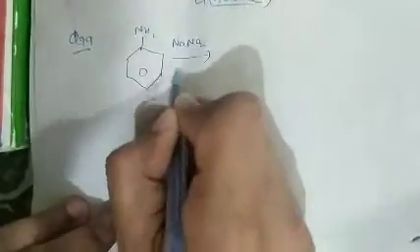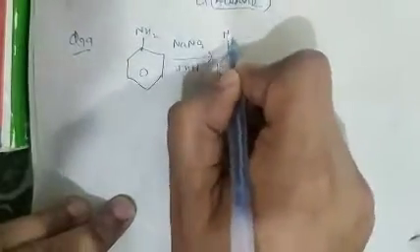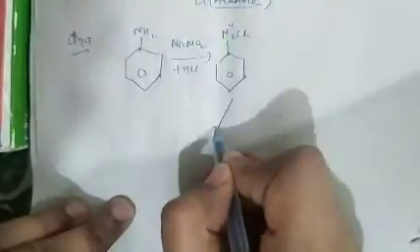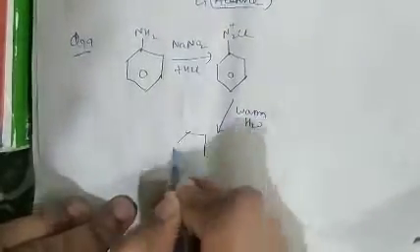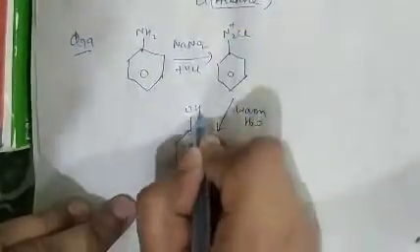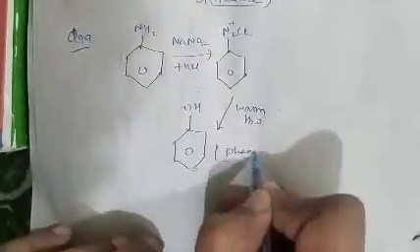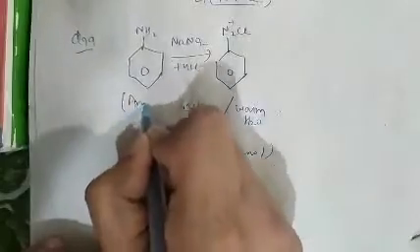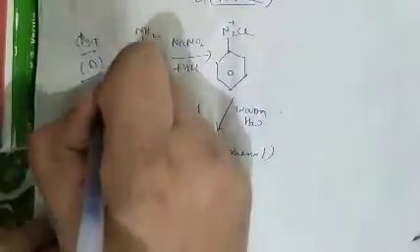As we can see that when aniline reacts with NaNO2 plus HCl, it forms a diazonium salt. And in the diazonium salt, when warm water is added, then phenol is formed. So the compound which gives phenol is aniline. So question number 79, option D is correct.